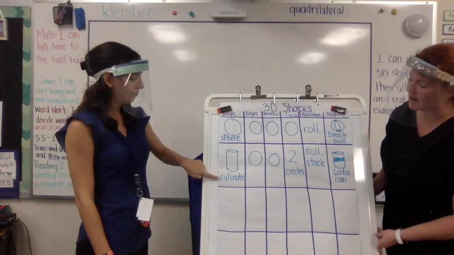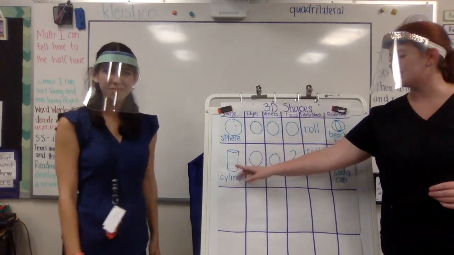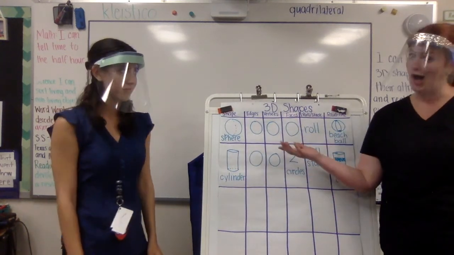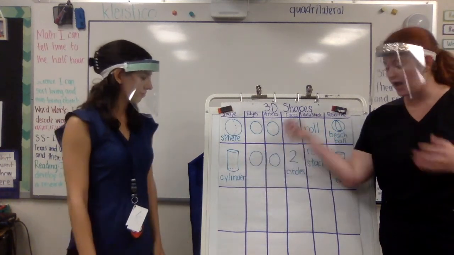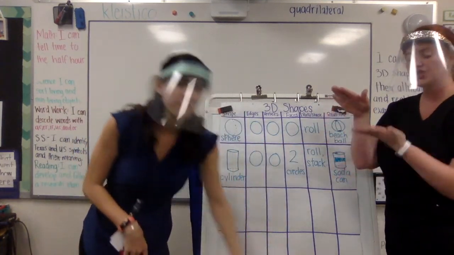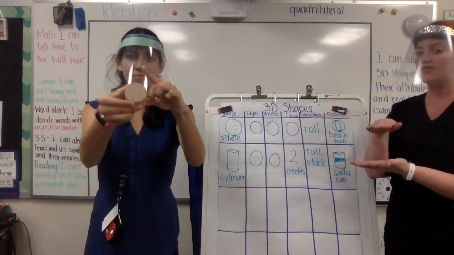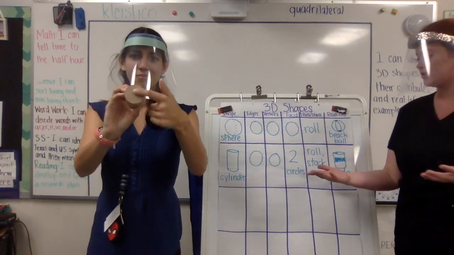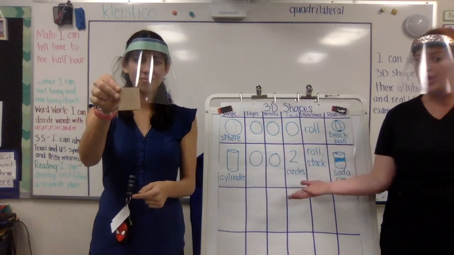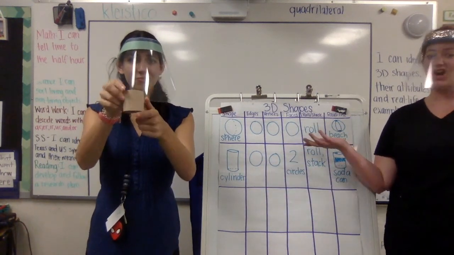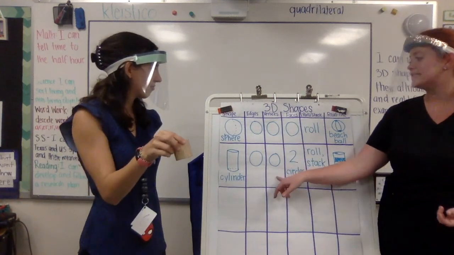And then we talked about a cylinder. A cylinder is tall. Well, it's not always tall, Miss Lestico, but it was a completely rounded edge with 2 flat faces on the top, and the faces were circles. Because it had a rounded edge, we're going to say there were no edges or sides because there are none. Because of that, there are 0 vertices.